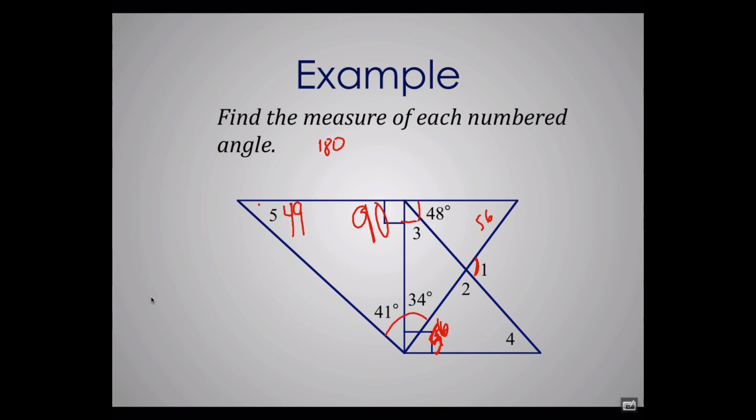This angle 1 is an exterior angle to a number of triangles, but in particular I'm looking at that one because I know the 2 remote angles. 48 plus 56 is 104. If that's 104, these 2 angles are supplementary, which makes that 76. 56 plus 76 from 180 will give me angle 4.